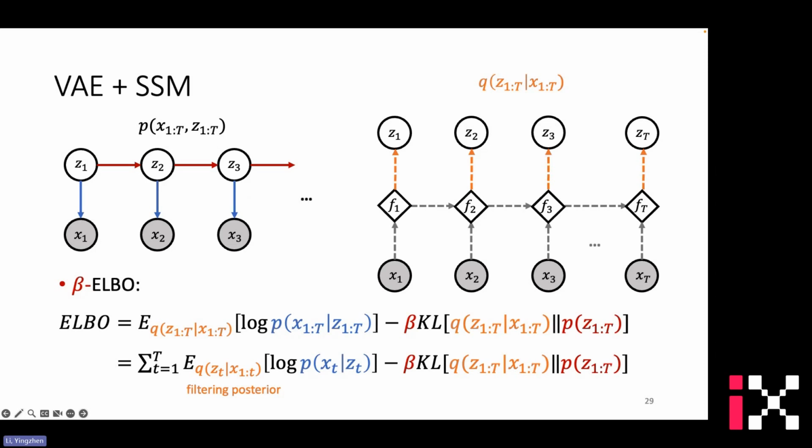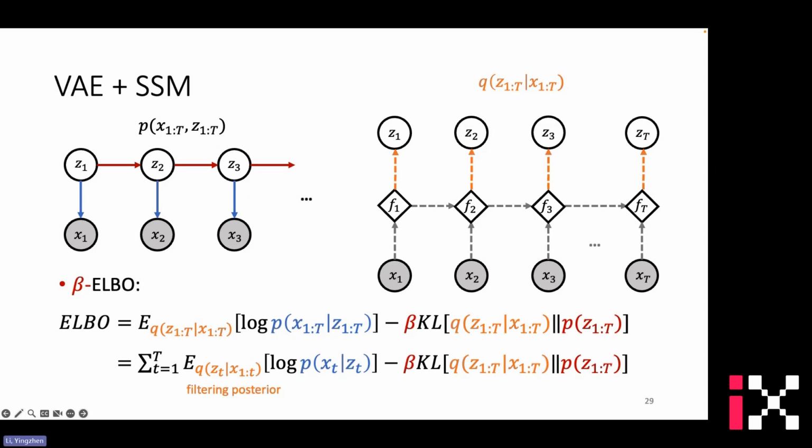So the first expectation term can also be factorized in this case, because you also assume a factorized P distribution. And this one is actually quite similar to the previous example of filtering posterior, where you are only trying to guess the current state given the history you have seen so far.